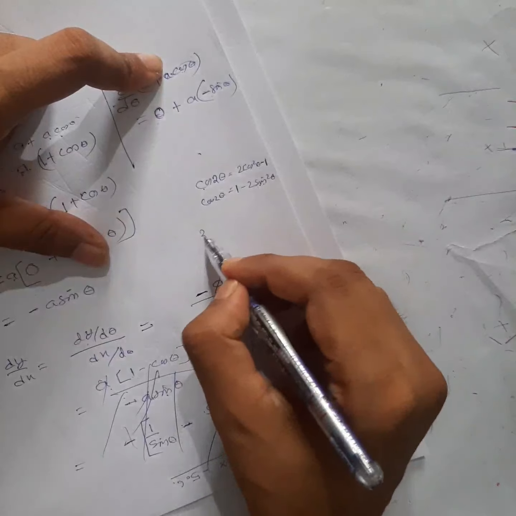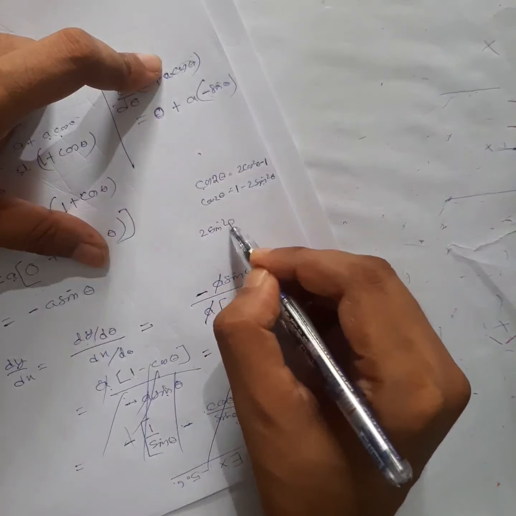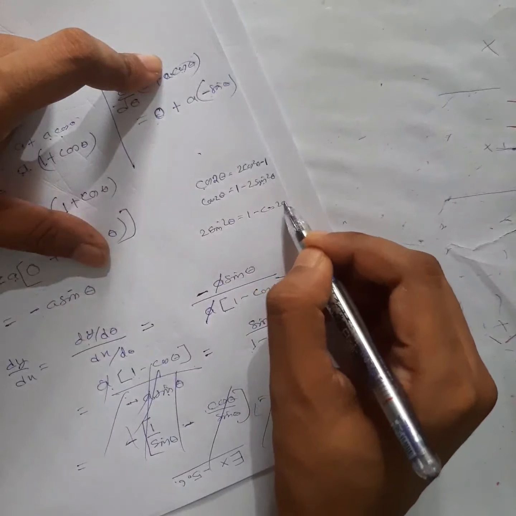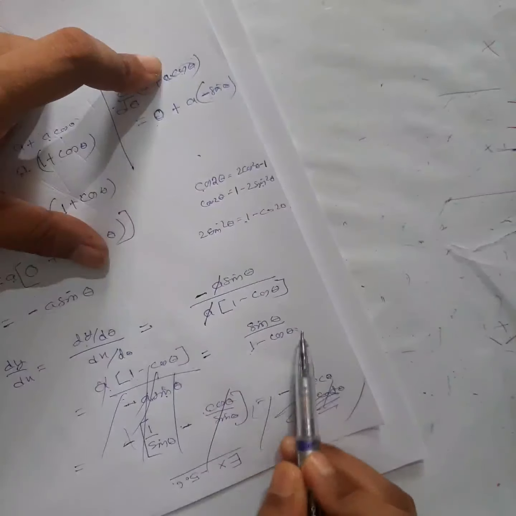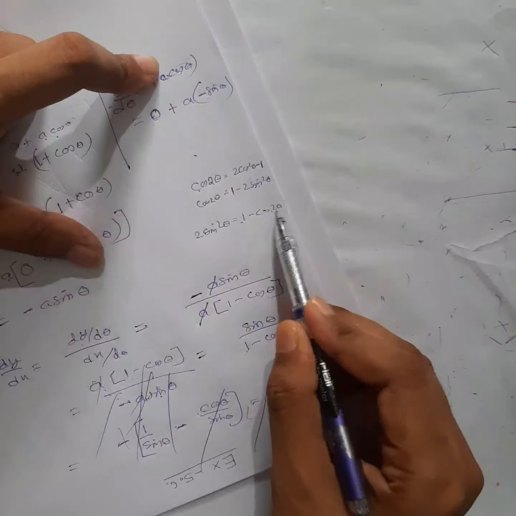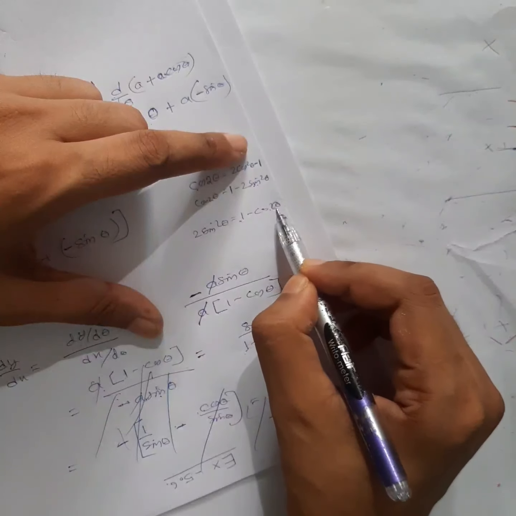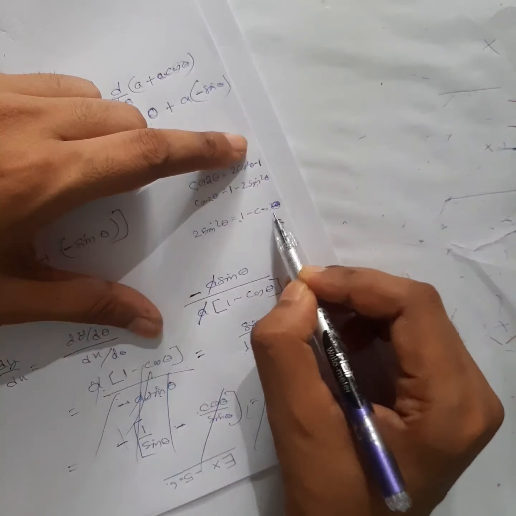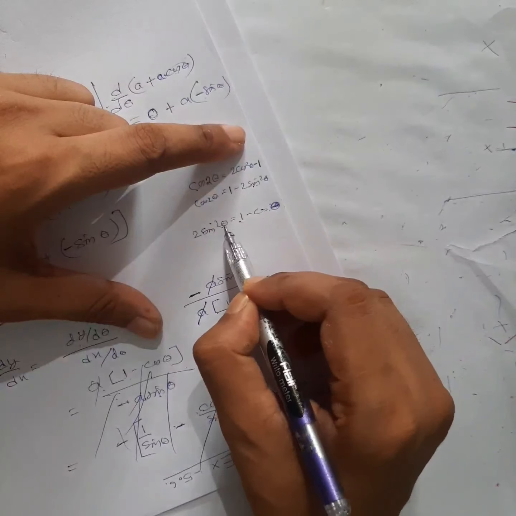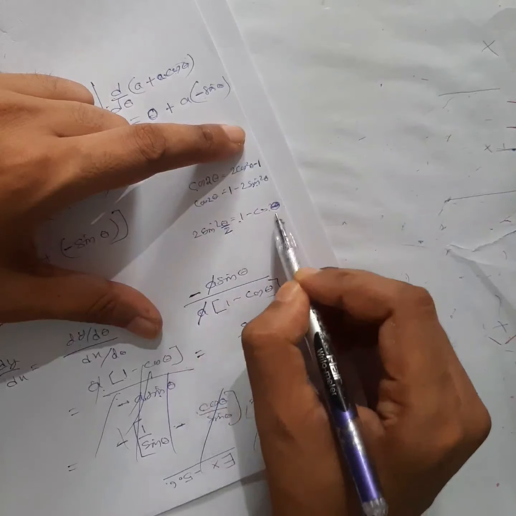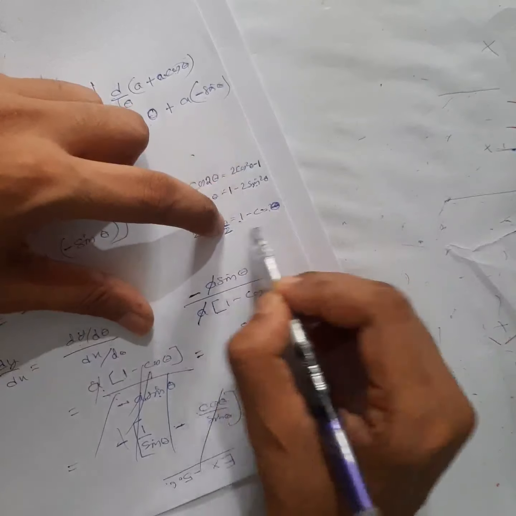This one, if I bring this side, what you will get? 2 sin square theta is equal to 1 minus cos 2 theta. You can see this is this format. In place of 2 theta you have theta, right? Means half of this. If this is half, you will make this also half. So this will be how much? Theta by 2. When this is 2 theta, this is half of that, right?